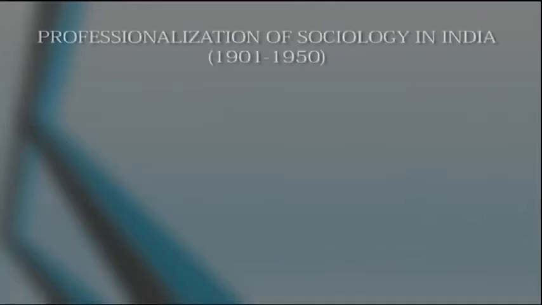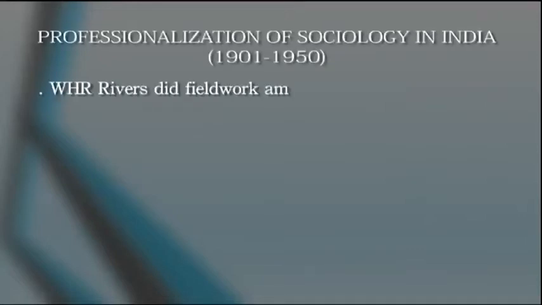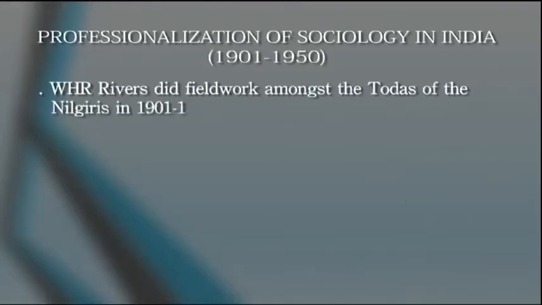Right. Now, 1901 to 1950, as I had said, is the second phase of development of sociology. At this point of time, you begin to find that the Britishers have now moved away from the early study, and they are also beginning to train Indians to study society, right. So, for example, W.H.R. Rivers did his field work amongst the Todas of the Nilgiris.